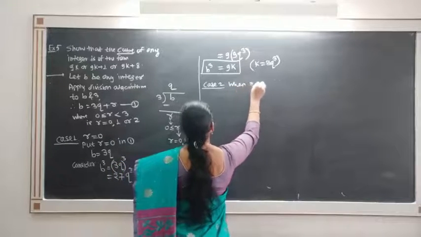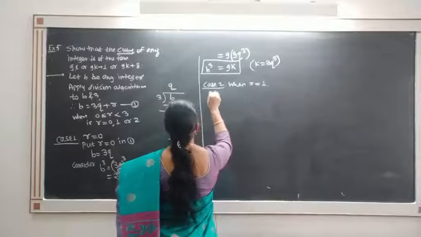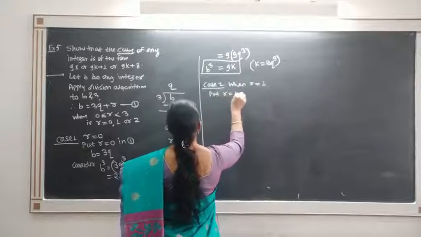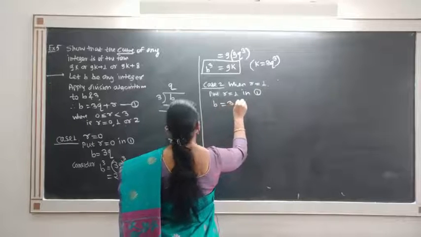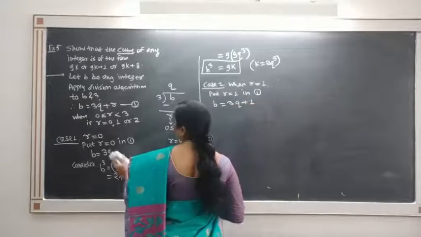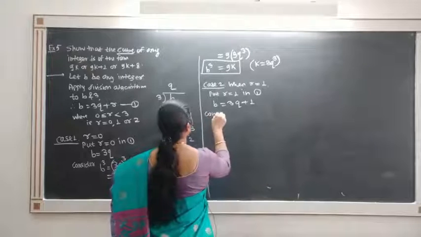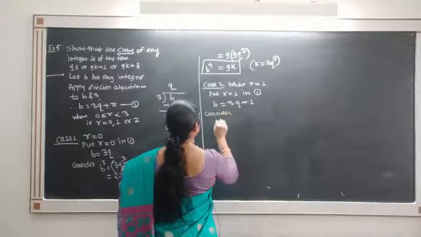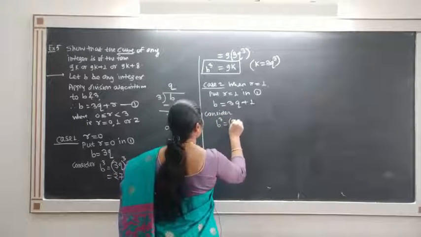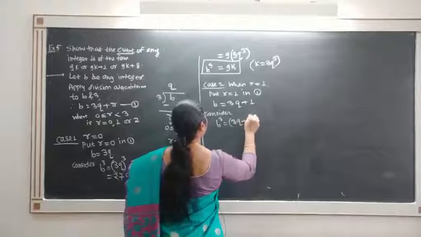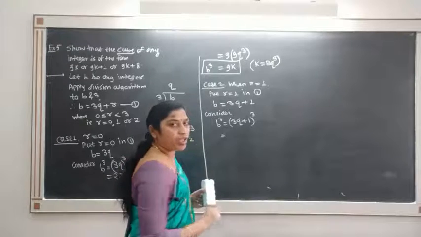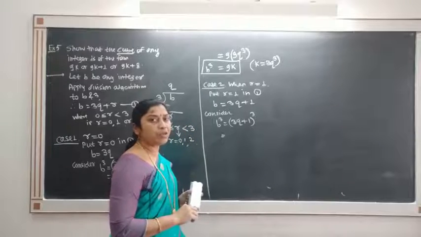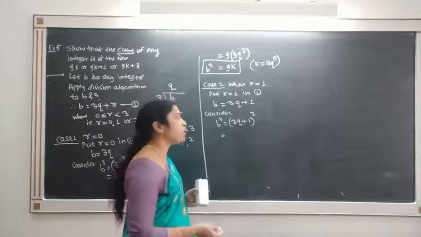Consider case 2, when r is equal to 1. So put r is equal to 1 in equation 1. We get b is equal to 3q plus 1. We want the cube. What is b cube? It is 3q plus 1 bracket cube. Use the formula a plus b bracket cube is a cube plus 3a square b plus 3ab square plus b cube.